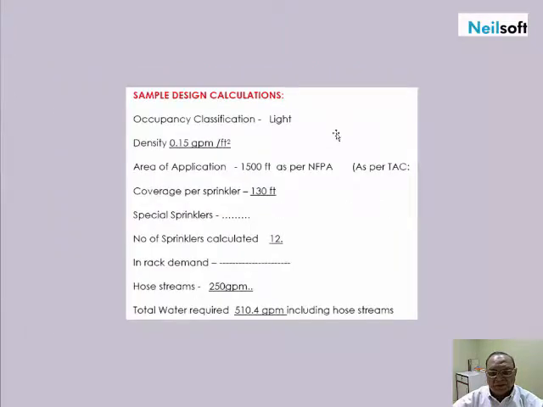So occupancy classification, this is the simple design calculation we have made. Density 0.15, which we have taken from the NFPA. But generally we are working as per the TAC. TAC has already given the area to be covered for light hazard, which we had seen as 84 meter square area, and for ordinary hazard, which we already saw over there, they're different.